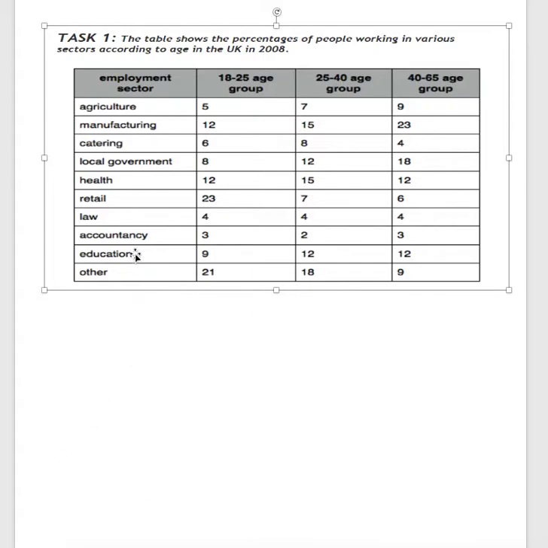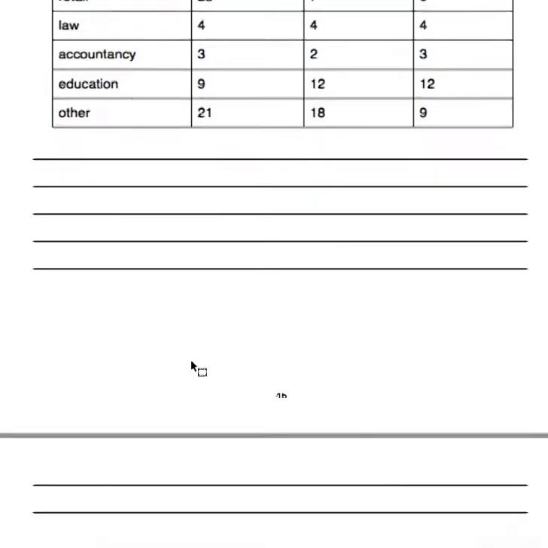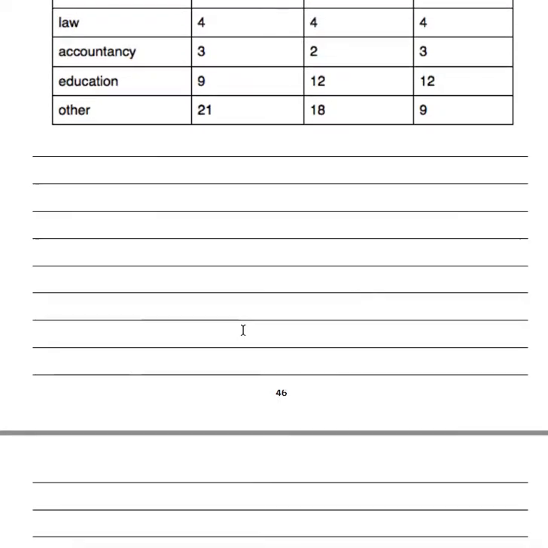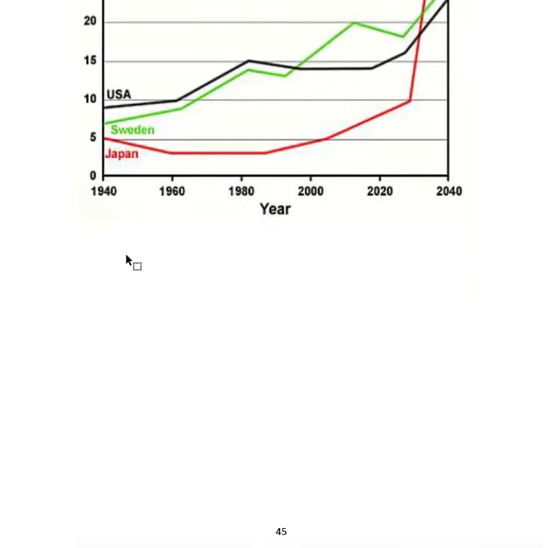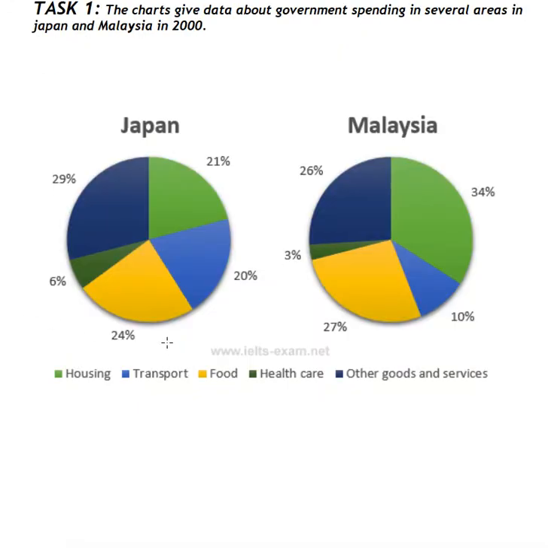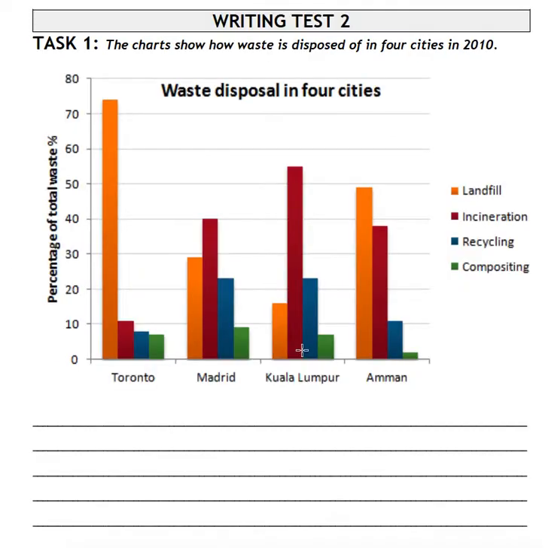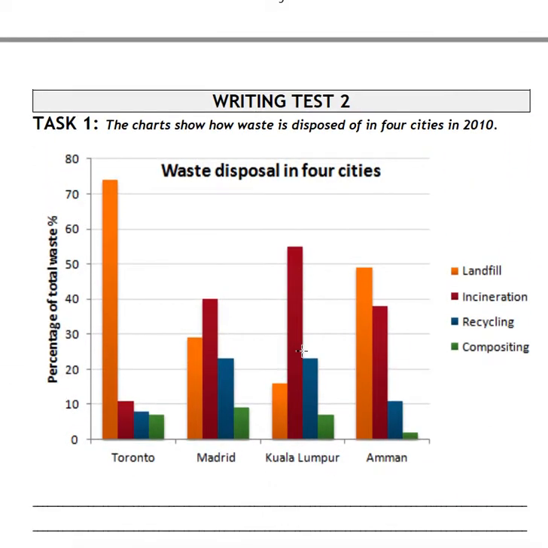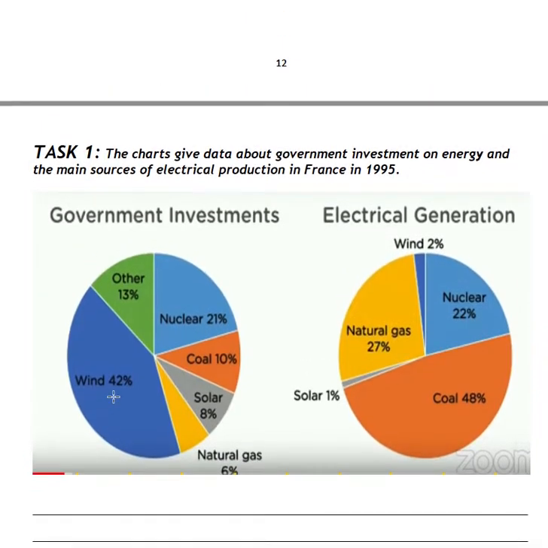Let's look at our book. This is from our textbook, page 46. And you see here, page 45, the homework was a line graph, right? And then if you look at page 15, pie graphs. And then page 10, that's a bar graph. So bar graph, pie graph.